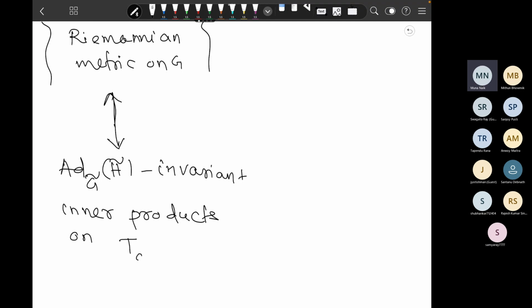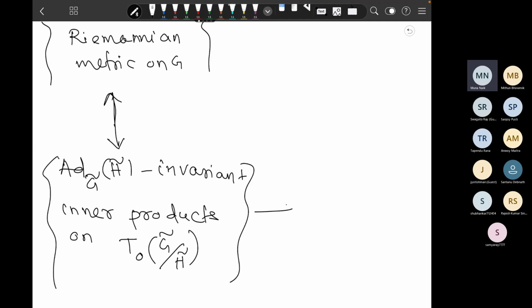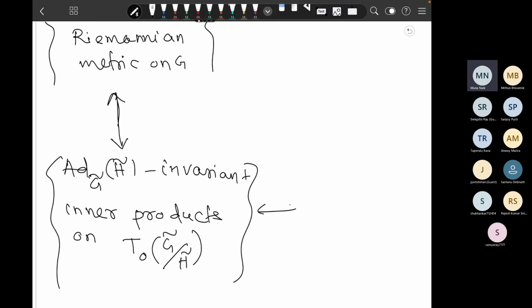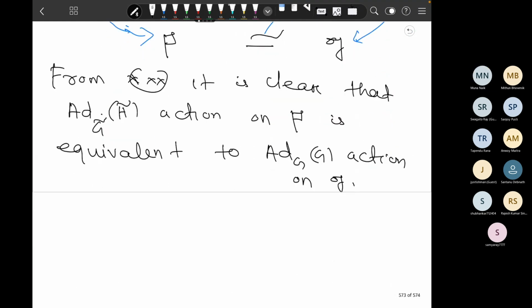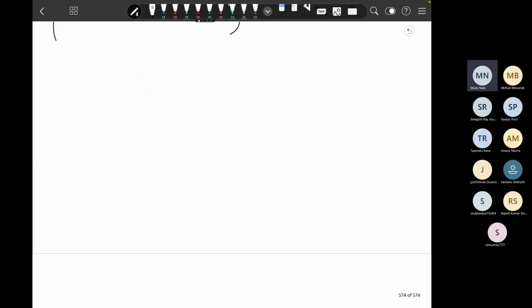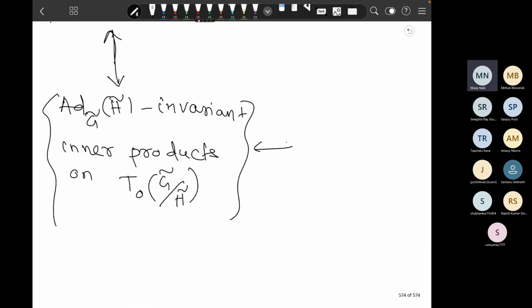On T naught G tilde by S tilde. This we have seen by the abstract theorem. Okay, sorry, this is RG tilde invariant inner product on T naught G mod S. This is not T1. This is really on P. So this is now this RG tilde S tilde invariant inner product.